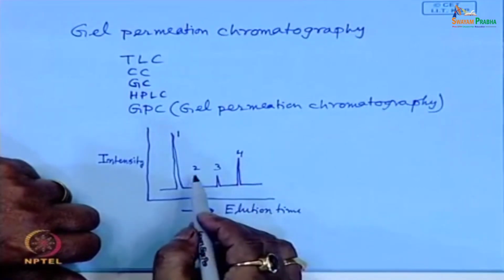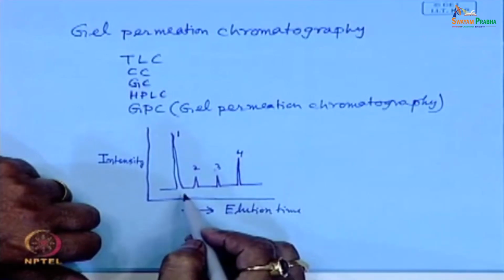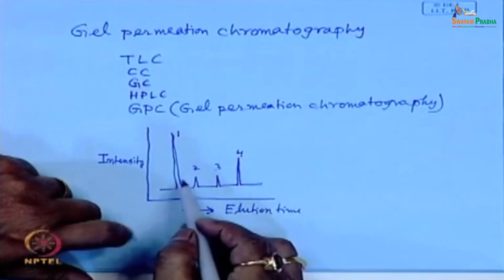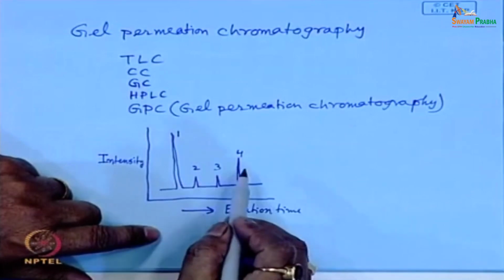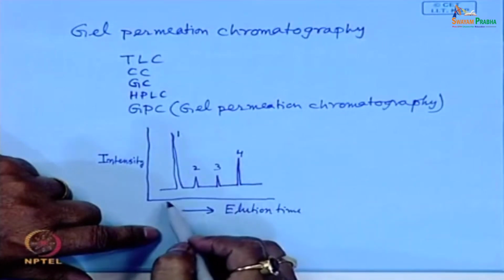Now, it cannot tell you exactly the identity of components 1, 2, 3, 4 here. It just separates and indicates that the components in a mixture are separated.